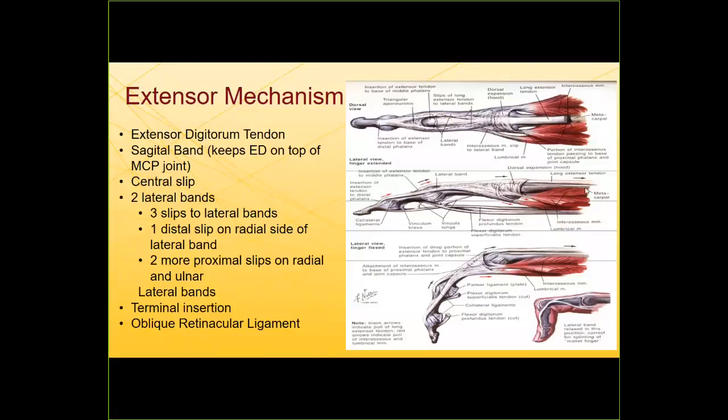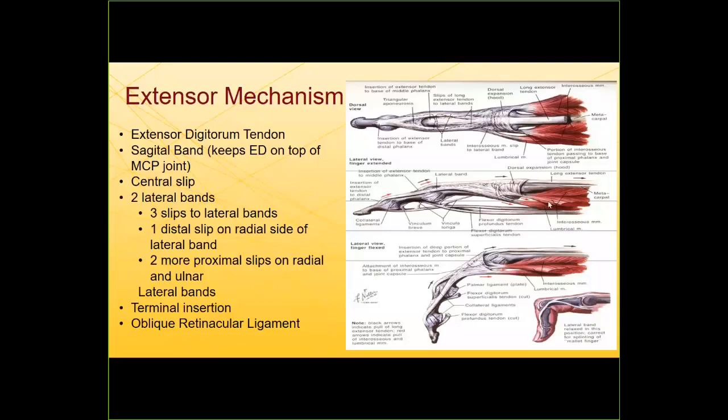So the extensor digitorum, as it does its work, first inserts on the base of the proximal phalanx, so it helps to extend it, and then comes down through the central slip and inserts on the base of the middle phalanx. So the extensor digitorum helps to extend the middle phalanx and the proximal phalanx.